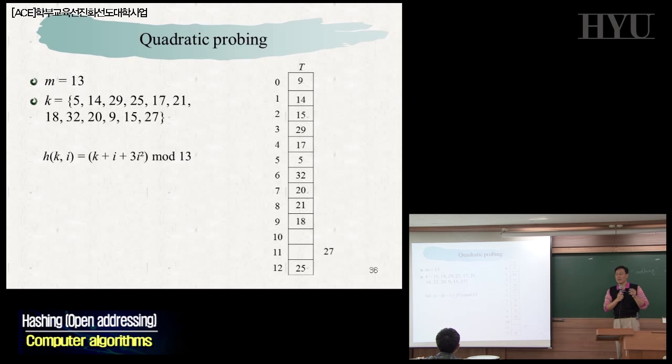So look at this hash table. Only 2 slots are empty, so the probability of finding an empty slot is very low. So this is inevitable.